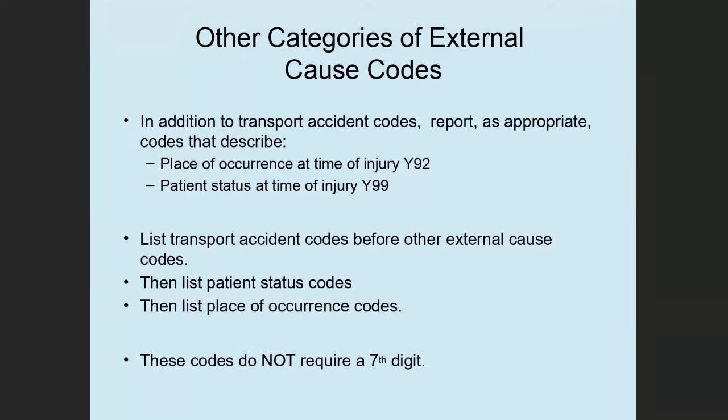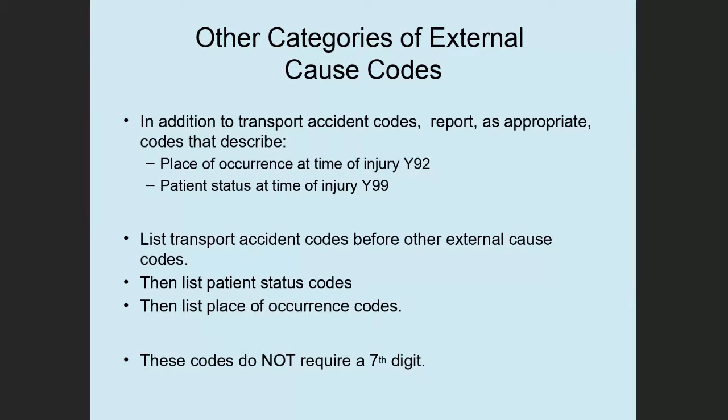In addition to transport accident codes, there are other codes in the external cause section that might be reported: place of occurrence at the time of the injury, which are Y92, and patient status at the time of injury.